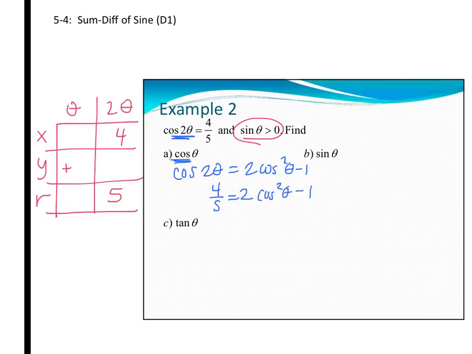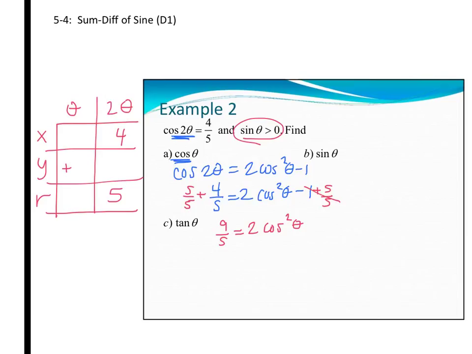And then at this point, this now comes down to doing a lot of algebra. So first I want to add 1 to both sides. And when I add 1, since I'm going to be adding it to the fraction 4/5, I'm going to think about it as adding 5/5. So that way it makes my fraction work easier. So now I have 9/5 equals 2 cosine squared theta.